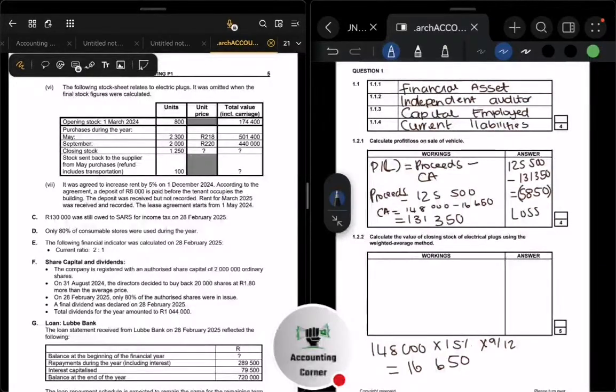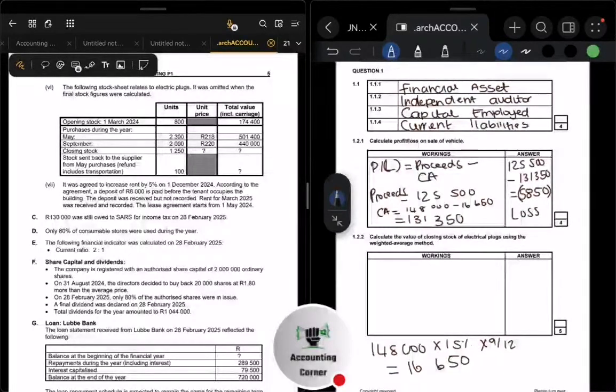And then we're being asked to use the weighted average method to calculate the value of this closing stock. Okay, so in order to calculate the value of your closing stock, you need to calculate the total value of stock available for sale divided by the number of units.